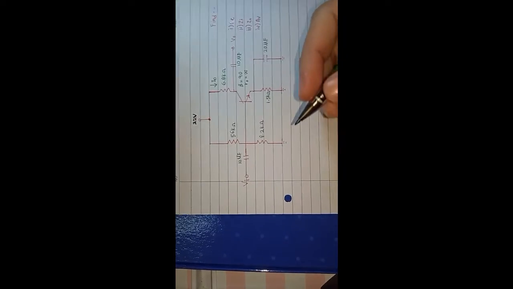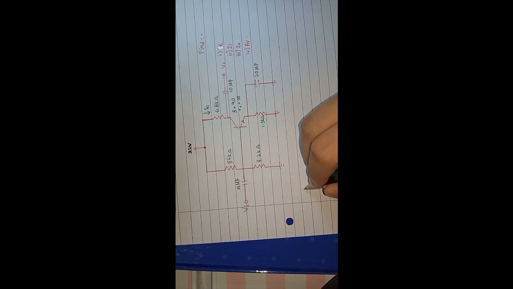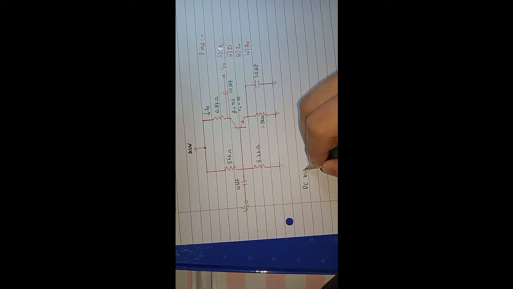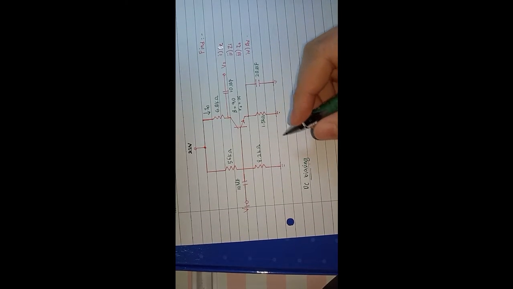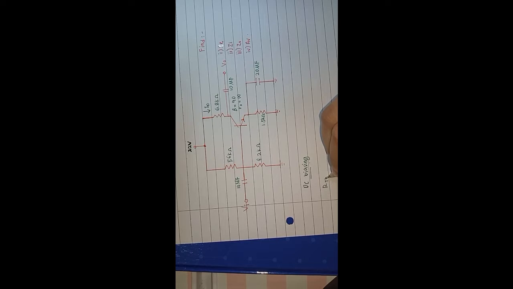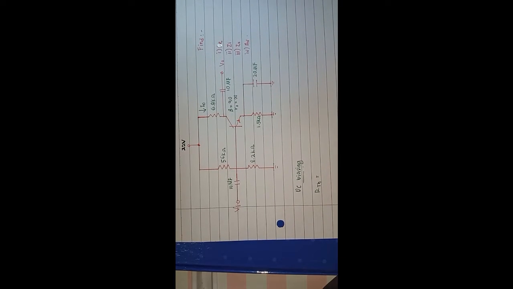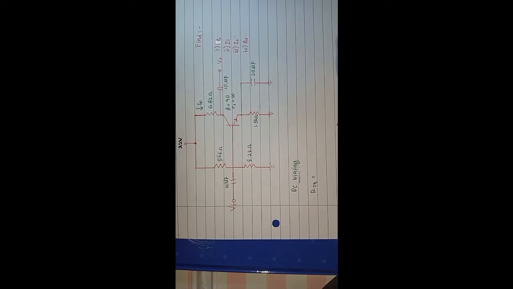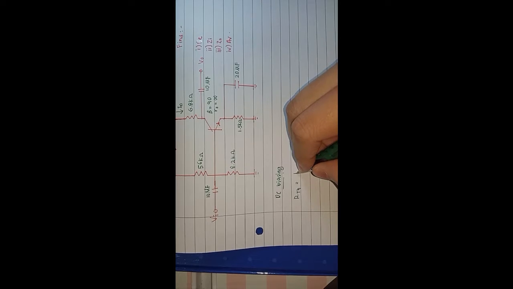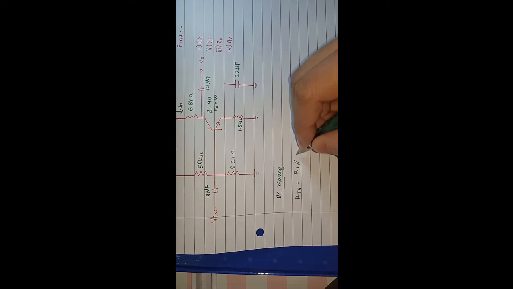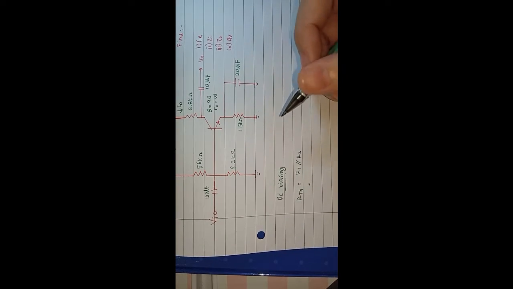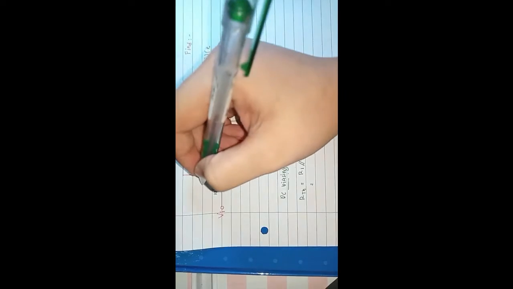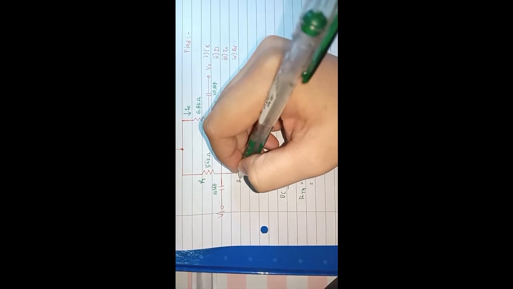Okay, so in DC biasing, first we need to find the RTH, which is the R Thevenin. To find the R Thevenin, R1 parallel to R2. Right here we can see that R1 is right here and R2 is right here.